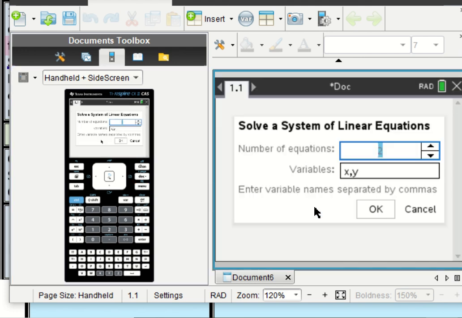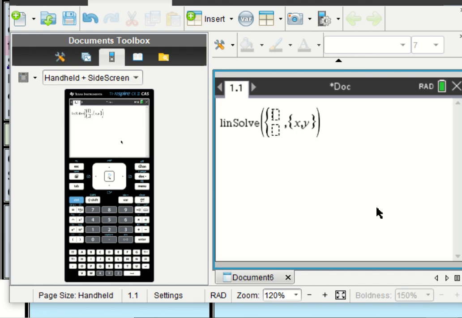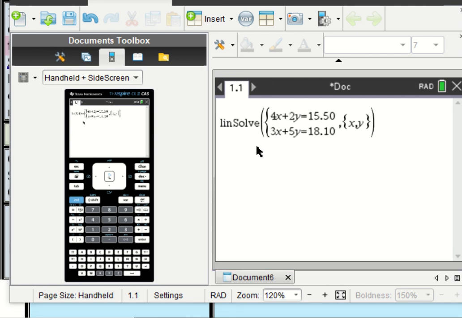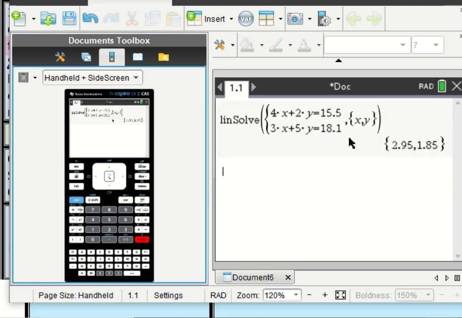So it should be menu 3, 2. Now just type in our 2 equations. So we're doing linsolve, we're typing our 2 equations in, and then we press enter.